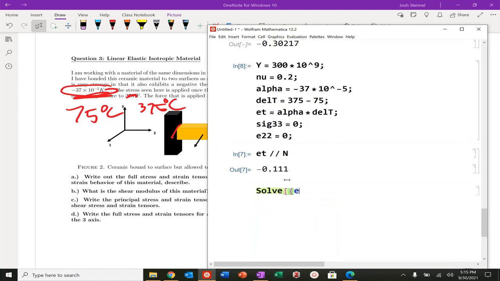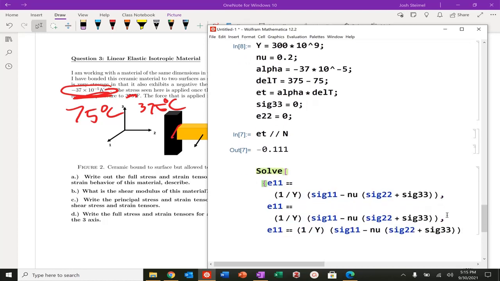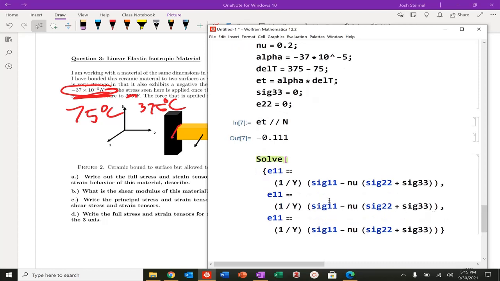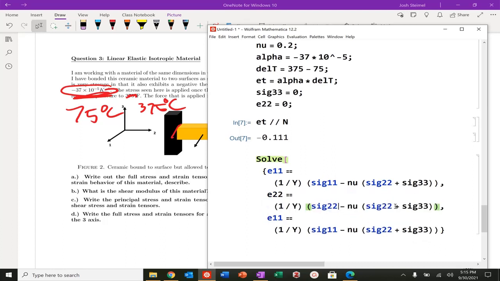I'm going to set my epsilon 11 equal to 1 over Y times sigma 11 minus nu times sigma 22 plus sigma 33, and do the same for epsilon 22 and epsilon 33.